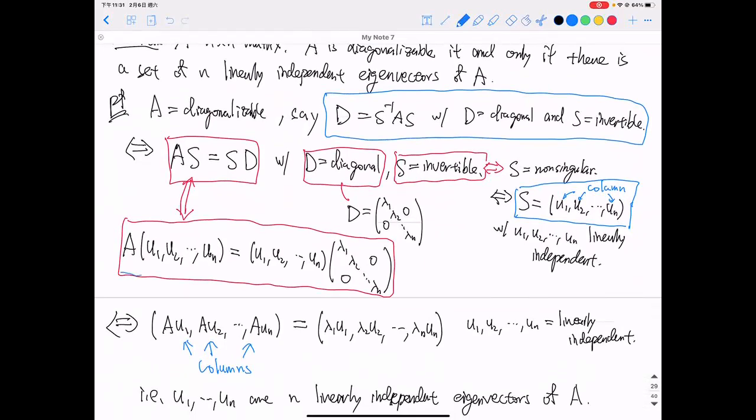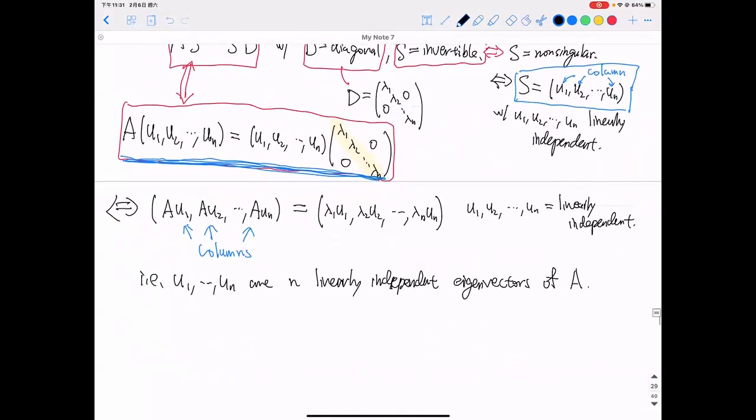Let's look at this equation. We need the u's, the columns of our matrix S, to be the eigenvectors, and for the diagonal matrix, the diagonal entries are going to be the eigenvalues. Okay, so what we need is to be able to find n linearly independent eigenvectors. Then we can form this.